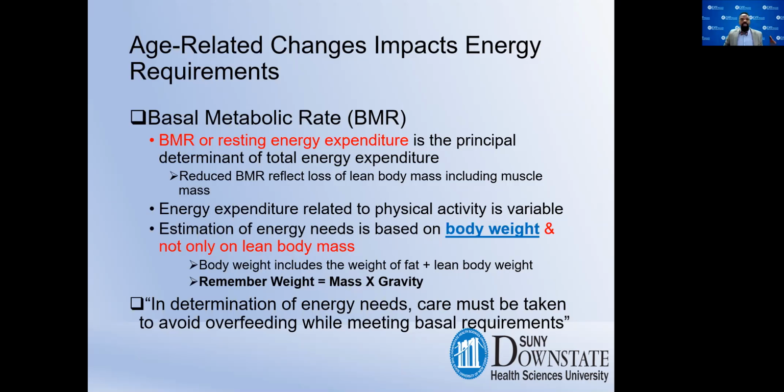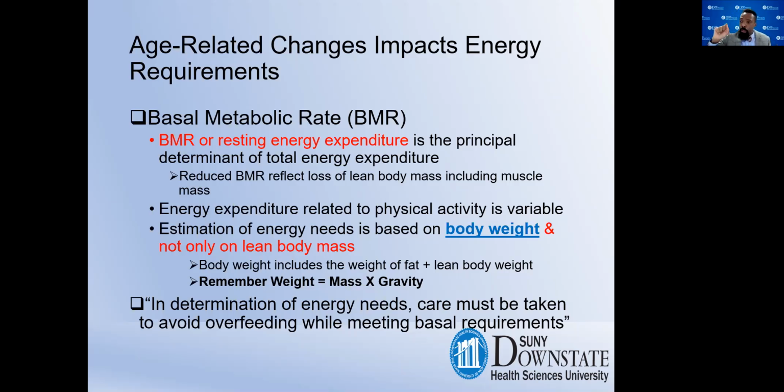Nutritional requirements. This is an important slide because it points out something that's very interesting and often overlooked: age-related changes in our body, and this is normal healthy aging. Age-related changes affect the amount of energy that our body requires. So age-related changes impact energy requirement.